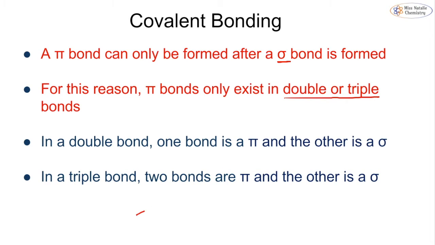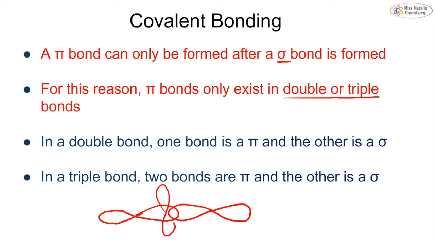So what happens is we get the end-to-end overlap like that, and then we also get a side-to-side overlap. Now, I know that's a bit messy to see, but you can get the general idea that we have our overlap for our sigma here and our overlap for our pi there. So we get both of these overlaps happening at the same time.